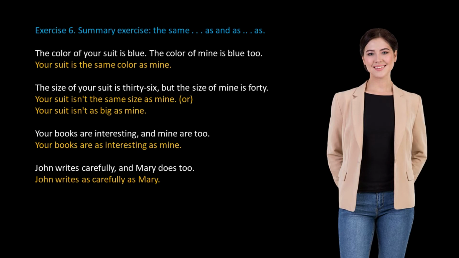Or, your suit isn't as big as mine. Your books are interesting, and mine are too. Your books are as interesting as mine. John writes carefully, and Mary does too. John writes as carefully as Mary. Now, please do the following exercise. You can pause your video while doing your exercise.